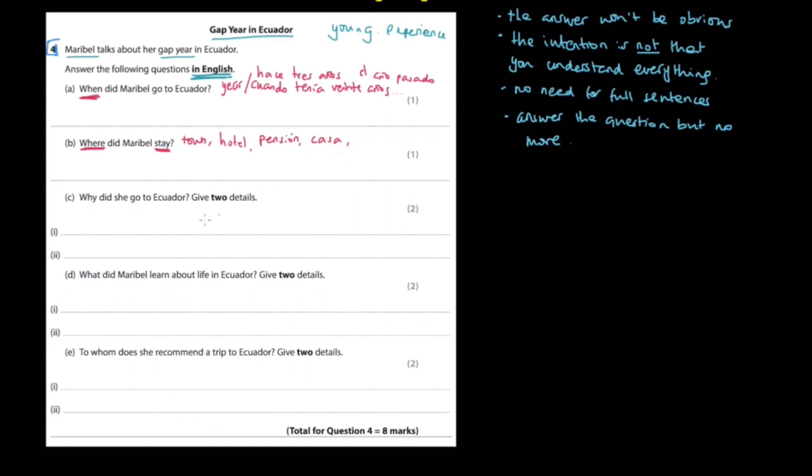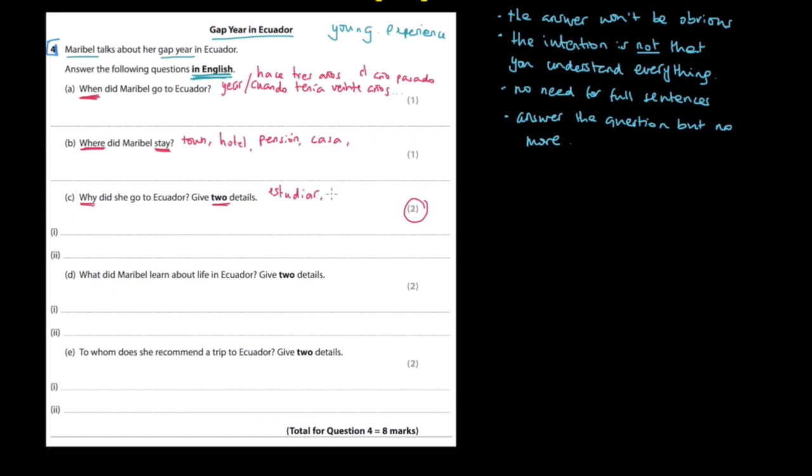Why did she go to Ecuador? The keyword is why, and I need to give 2 details because this question is worth 2 marks. Let's remember, it's a gap year. So she could have gone "para estudiar", although generally speaking on a gap year you don't go to study, because that's why it's a gap year, otherwise you would be studying.